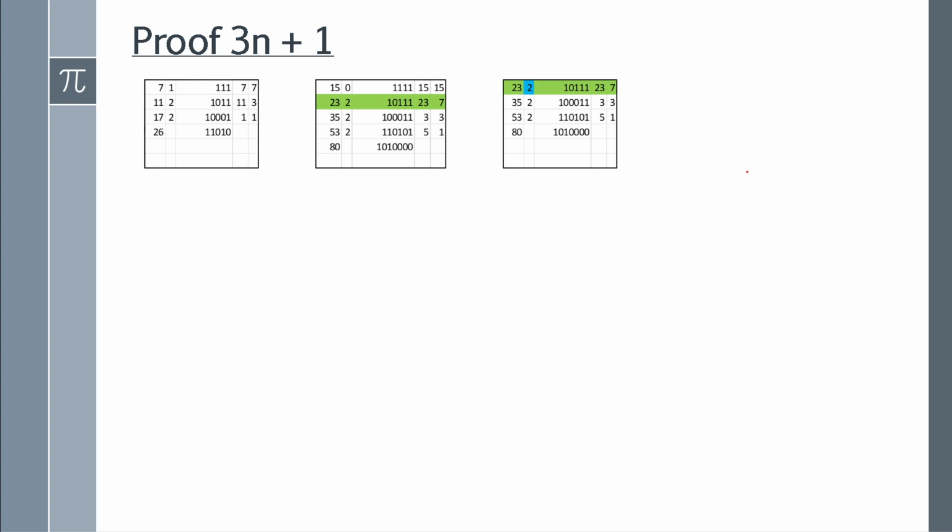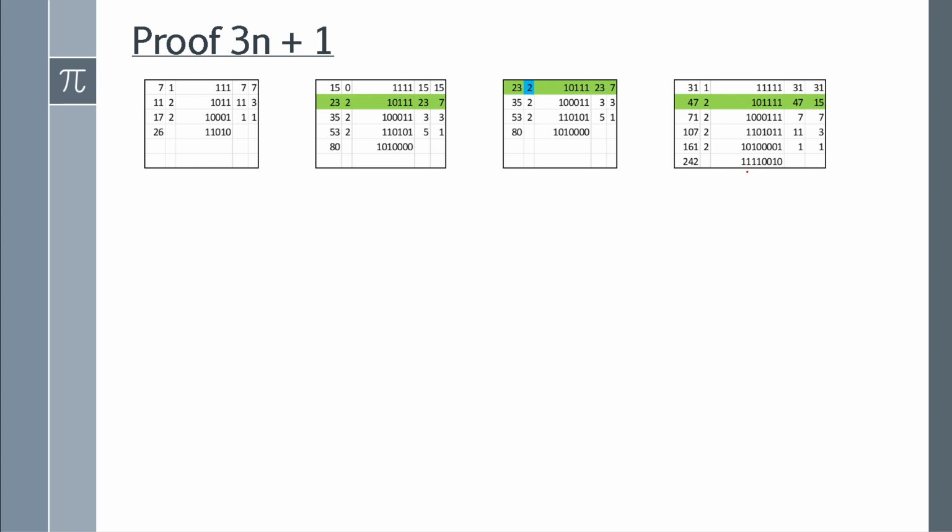Or I can double 23 to 46. And so then the next one is 31, right? 31, 15, 7, 3, 1.